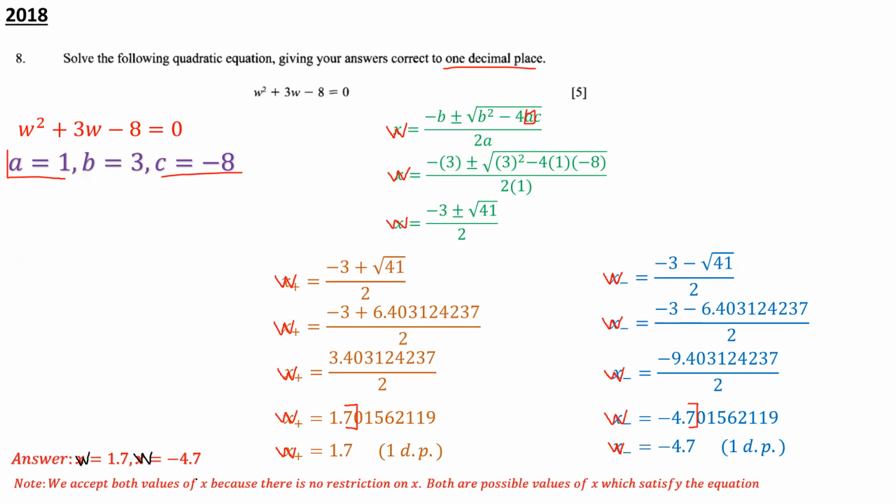We accept both values of W because we don't have any restriction on what W can be. W is just a regular real number. And both are possible values of W that satisfy the equation. All right, so 1.7 and negative 4.7 is the correct answer, expressed correct to 1 decimal place.